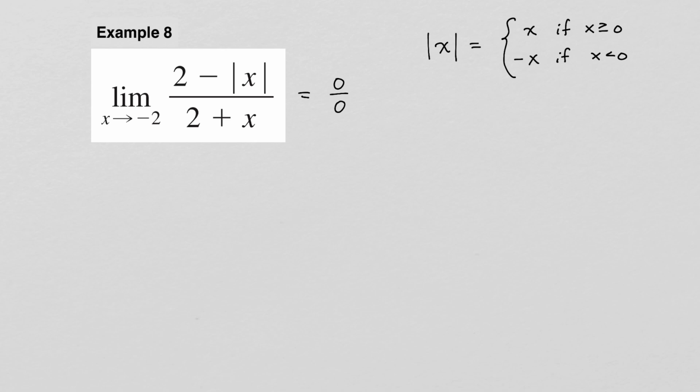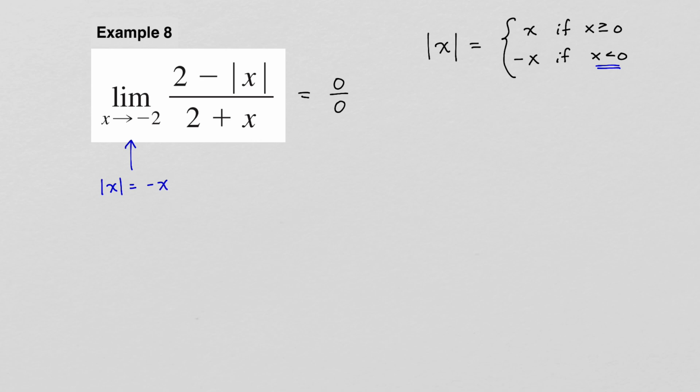So if I'm taking the limit as x approaches negative 2, negative 2 is a number that is less than 0. So for this particular limit, the absolute value of x is going to be negative x, right? Because negative 2 is a number that is less than 0.